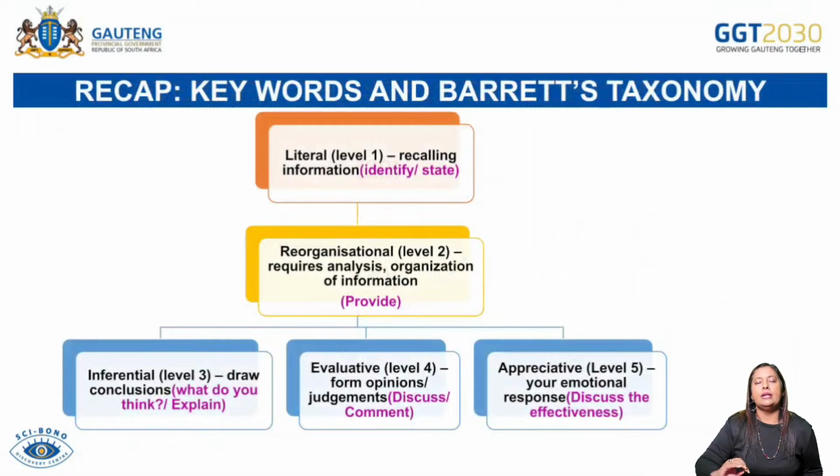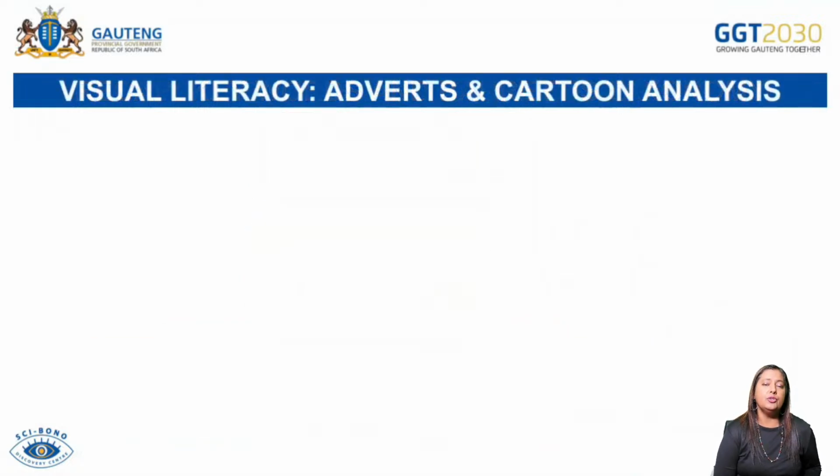Level 5 tests the emotional impact on you as the reader: based on what you have read and interacted with, what is its impact on your thinking going forward. That's how we get a holistic idea of you as a learner, and whether you're able to progress to the next level or not.